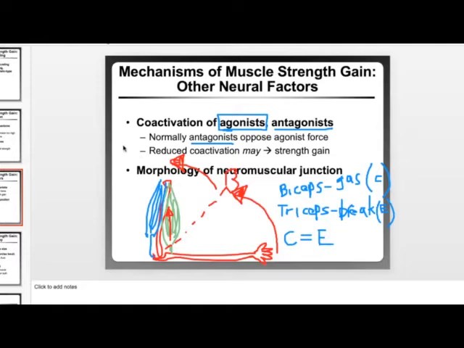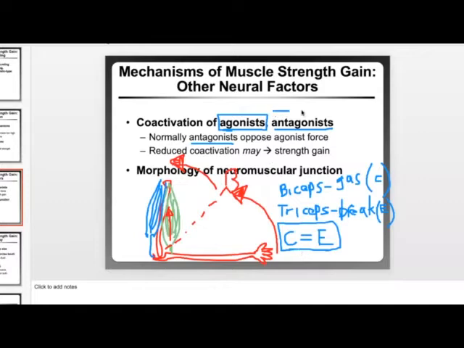All right. So normally, in most situations, the antagonist is going to fire in the opposite direction of my agonist, so that it can either slow down the activity, or if it fires enough, it's going to actually stop the activity.